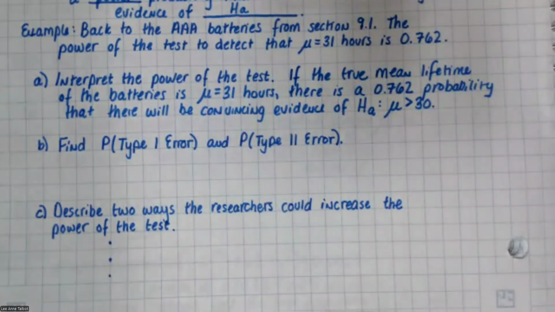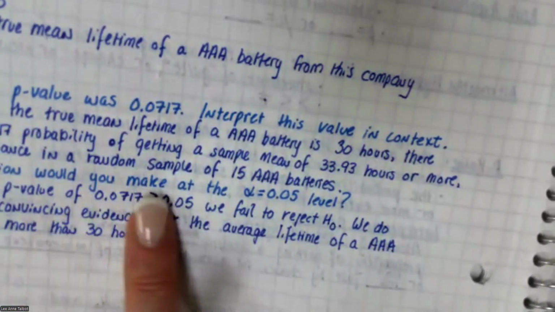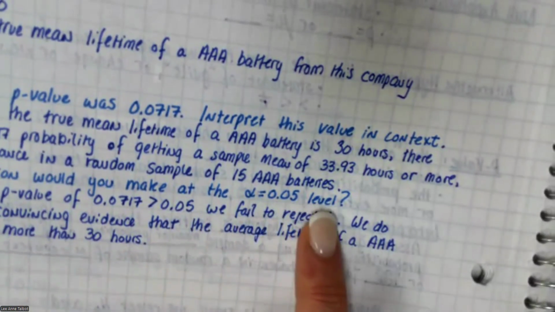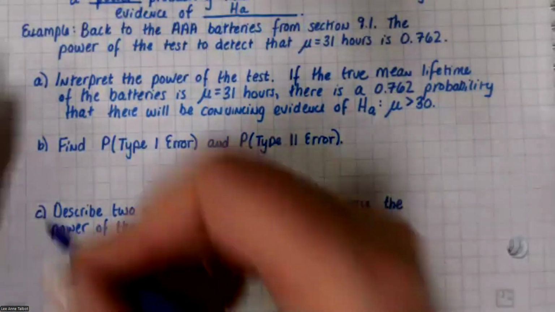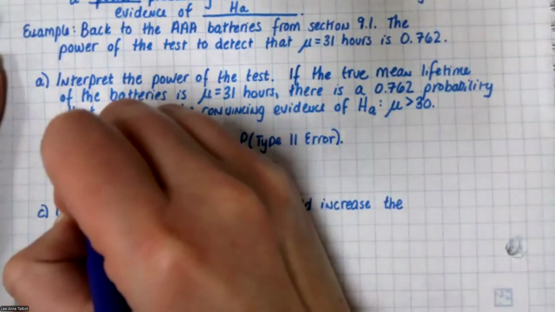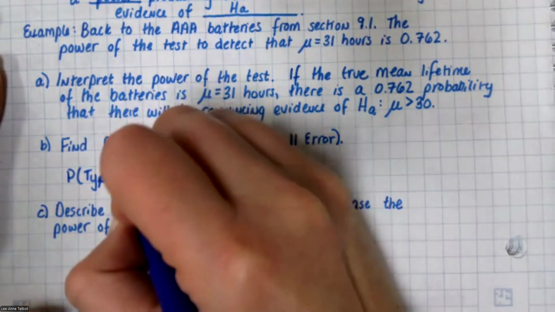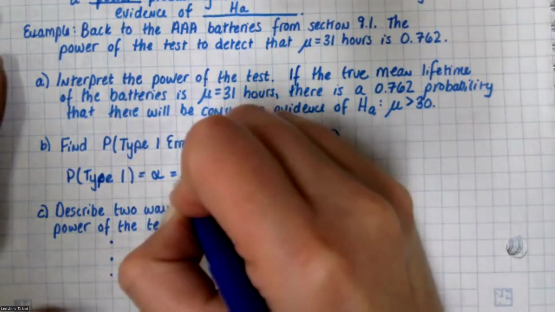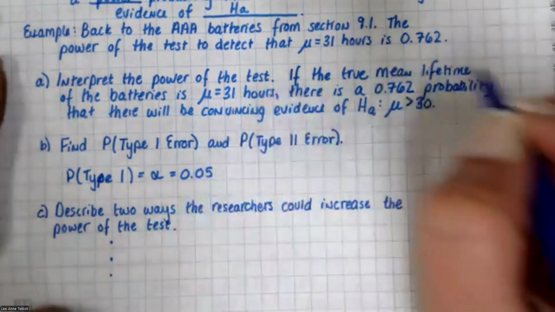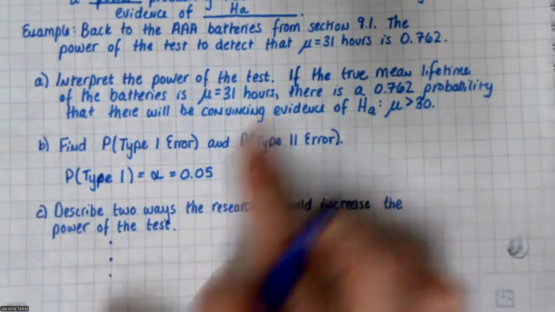Oh, here it is. What conclusion would you make at the alpha equals 0.05 level? So the probability of type 1 is alpha, which is 0.05, and I got that from the previous notes that we did that has this in it.